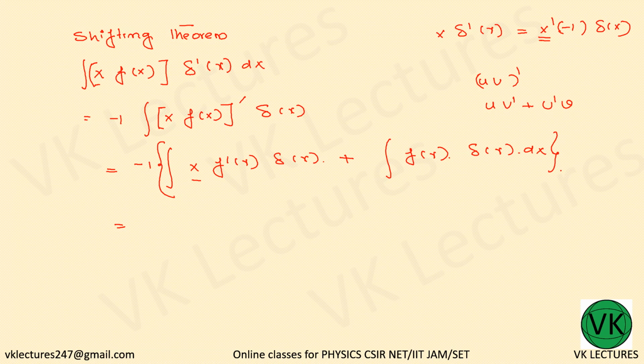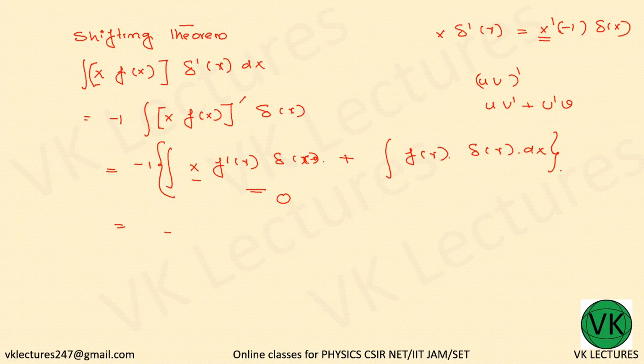So if this limit is lying in between x, this will become 0, right? The first term will become 0. This is because delta of x, so x minus 0. Then if you put x minus 0 here, x value will become 0 and the entire integral goes to 0.